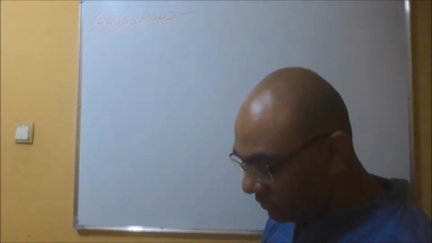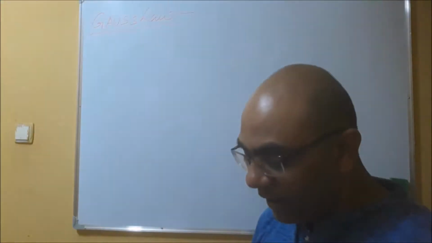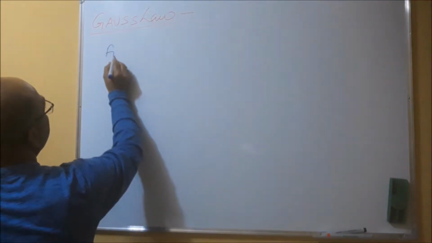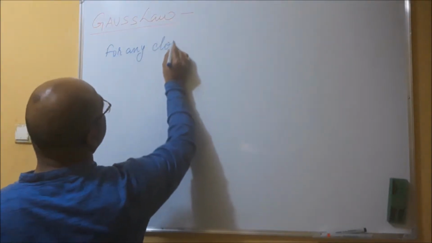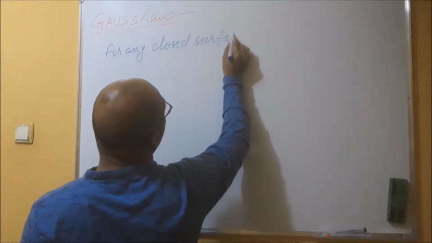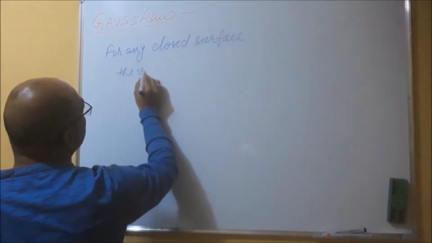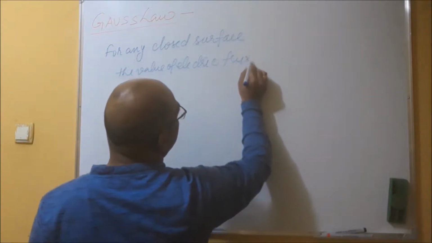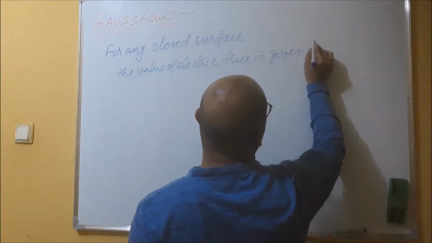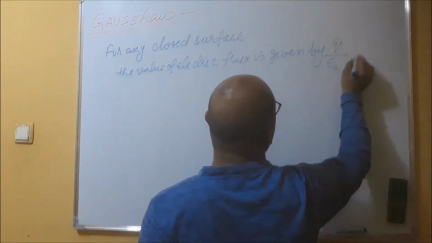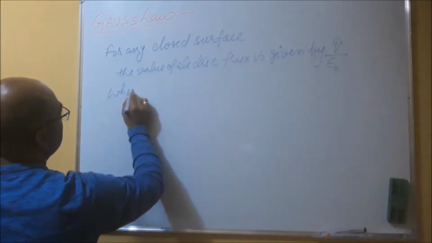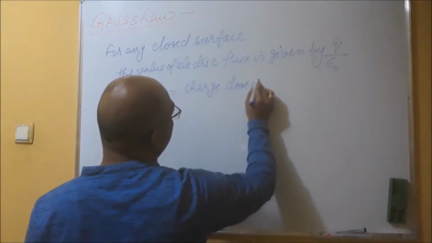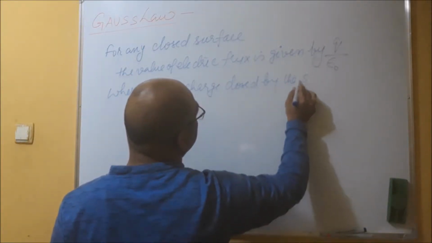So Gauss theorem, or we can say Gauss law, we can define simply that for any closed surface, the value of electric flux is given by q upon epsilon naught, where q is the charge enclosed by the surface.